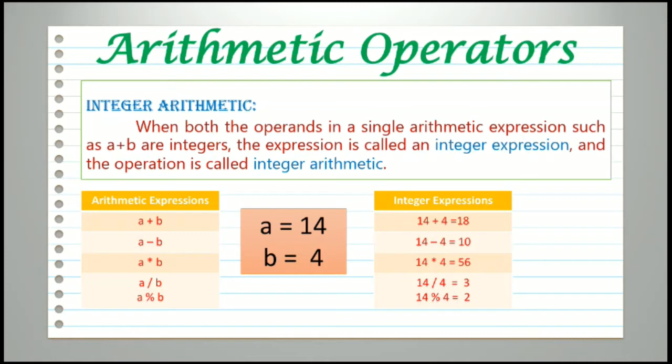Then for multiplication, 14 into 4, that is 56. Next, division, 14 divided by 4, that is 3. And last, 14 mod 4, that is 2. During integer division, the fractional part will be removed, and in modulo division, you will get the remainder of the division.